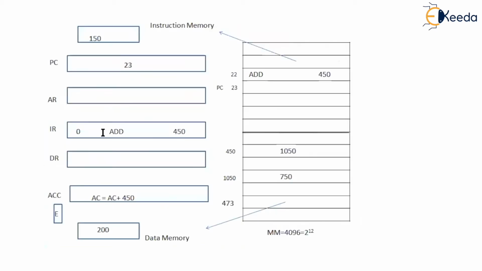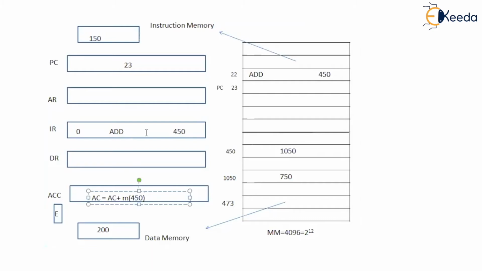Now here in the single accumulator organization, we do have only one operand, right? That is add 450. So accumulator is equal to accumulator plus m of 450, right? But when it comes to general register organization, the scenario will be different.